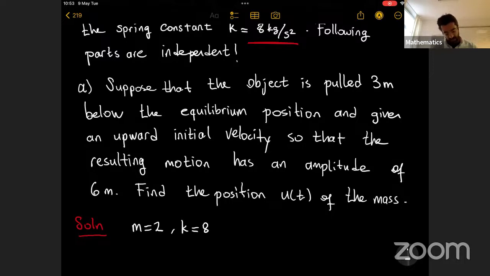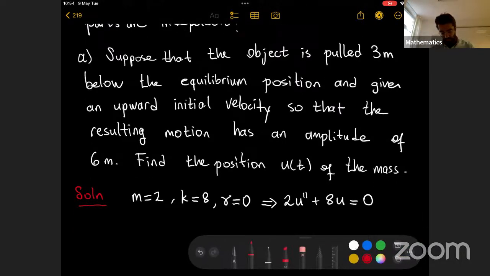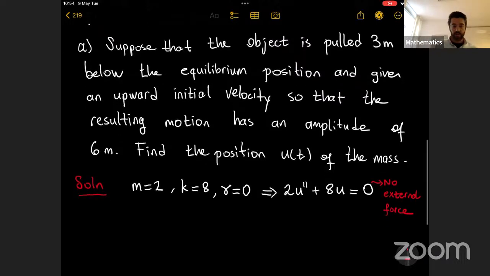So gamma is equal to 0 because we don't have any damping. So this tells you basically 2u double prime plus 8u is equal to 0. And there is no external force in this case.